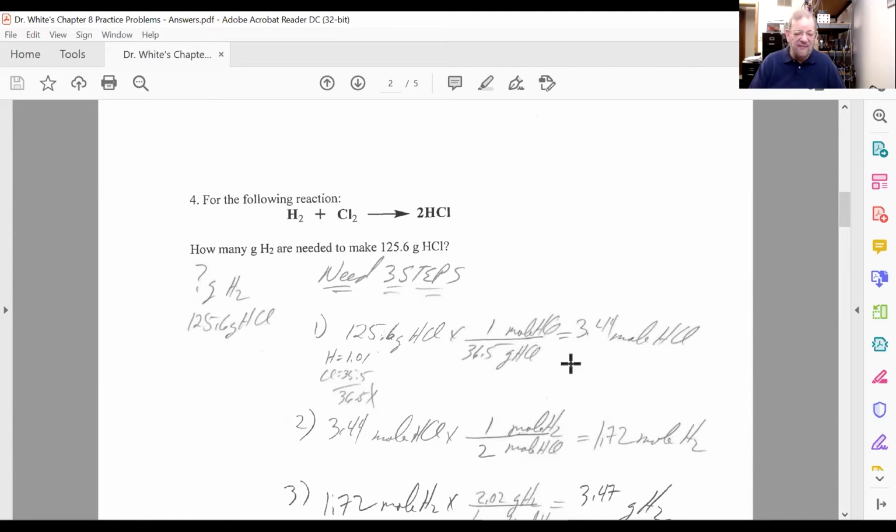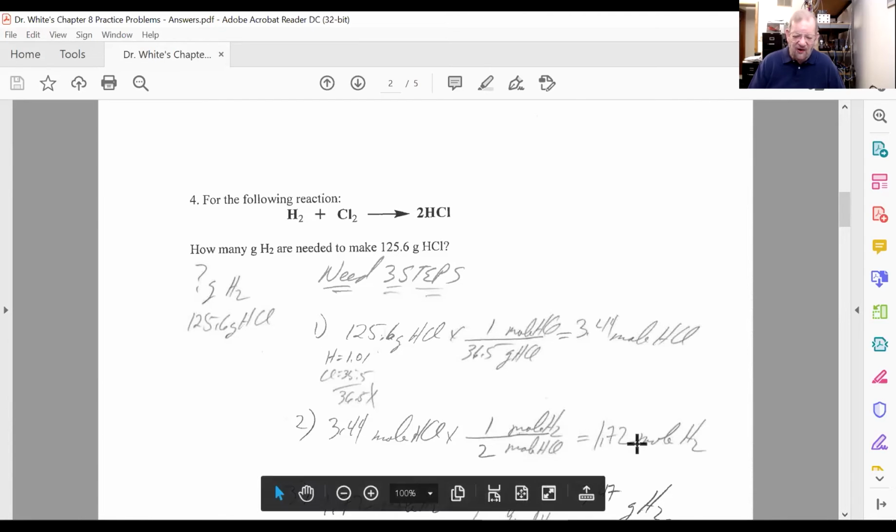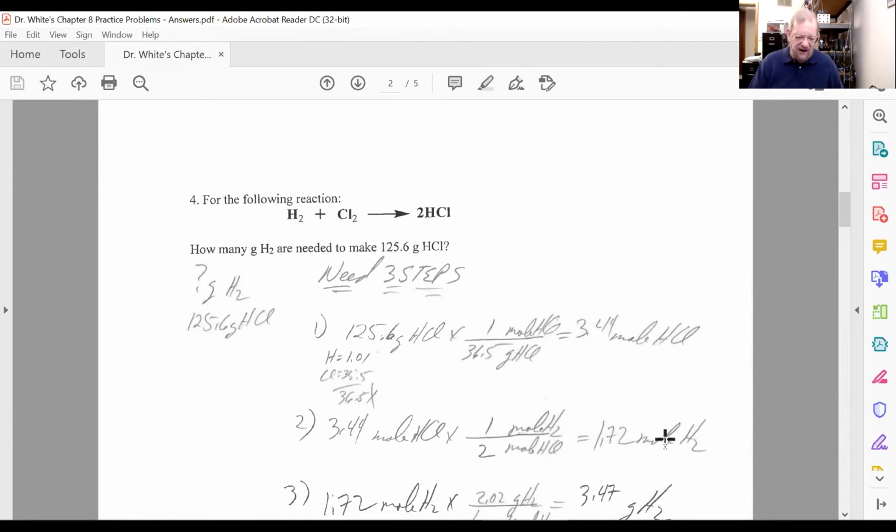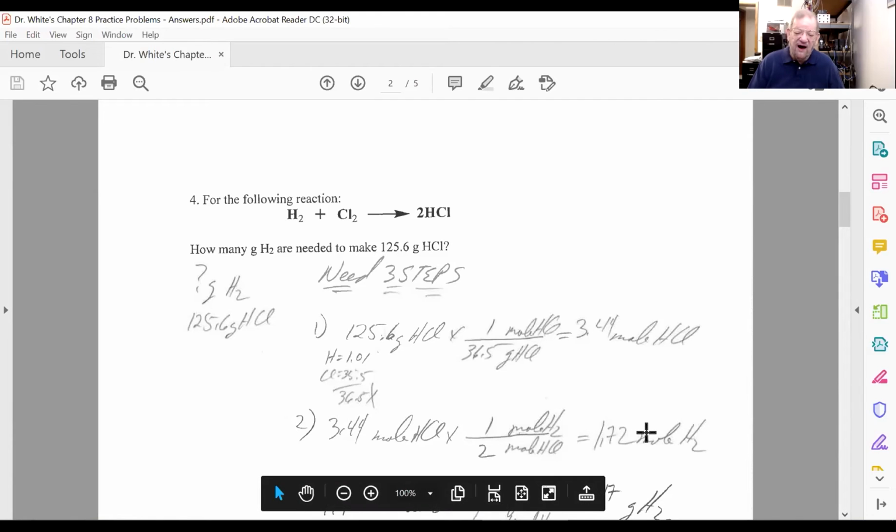Now, second step, whatever I found moles of, in this case HCl, I want to go to moles of my answer, hydrogen. So start with the moles of HCl. I want to go to moles of hydrogen, use unit analysis again, your good buddy, your good friend, and moles of hydrogen go on top, moles of HCl go underneath. Where do I get these numbers?